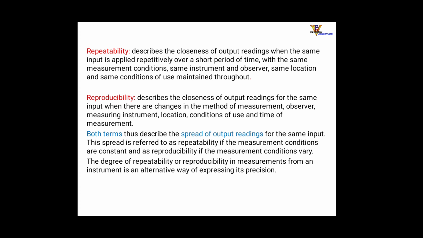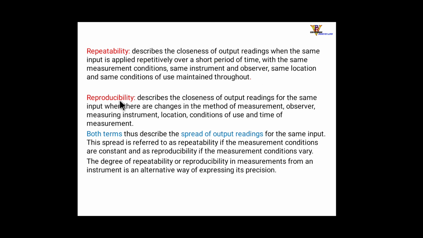In both cases, we have the same input at the sensor, applied repetitively over a short period of time. In the case of repeatability, we have the same measurement conditions, same instrument, same observer, same location, and the same conditions of use maintained throughout.